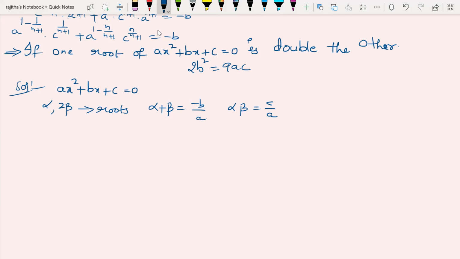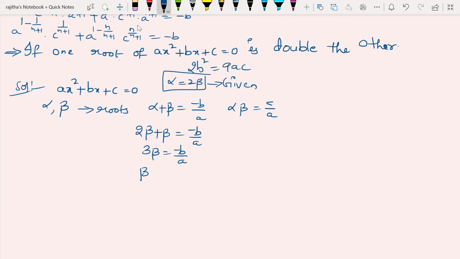Alpha and beta are the roots, and one condition is that one root is double the other. Alpha is equal to 2 beta is given. So in place of alpha, can I write 2 beta plus beta is minus b by a, 3 beta is minus b by a, beta is minus b by 3a.